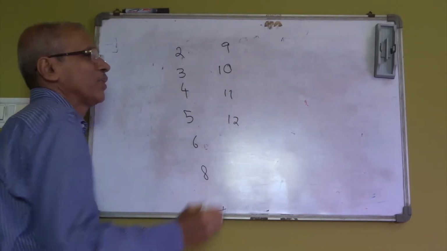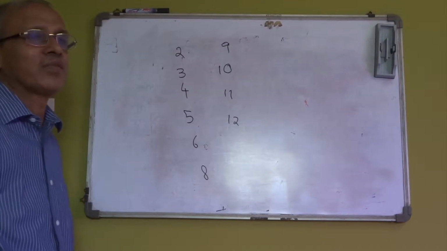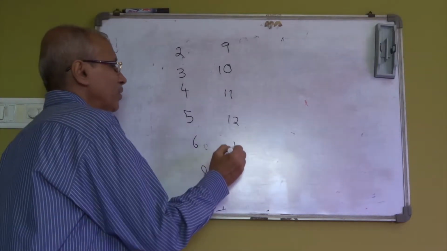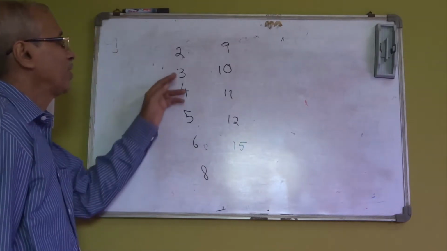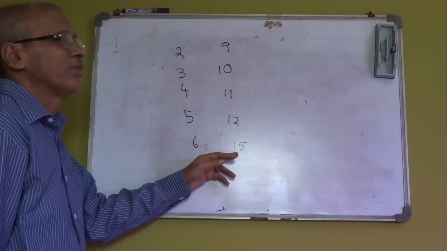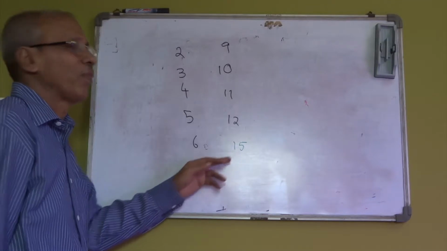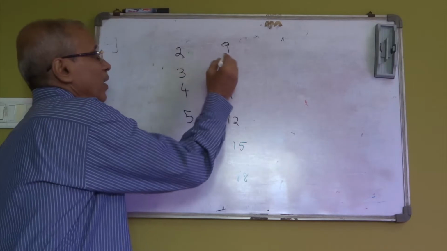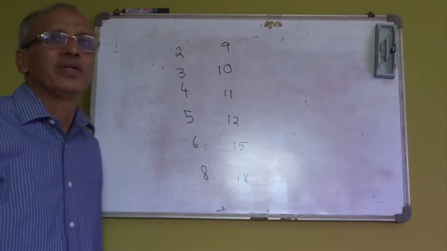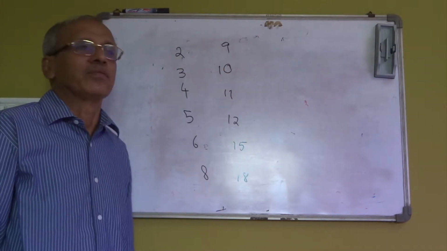If it is a multiple of 3 and 4, it is divisible by 12. 15, if it is a multiple of 3 and 5, it is divisible by 15. 18, 2 and 9. If it is a multiple of 2 and 9, it is divisible by 18.